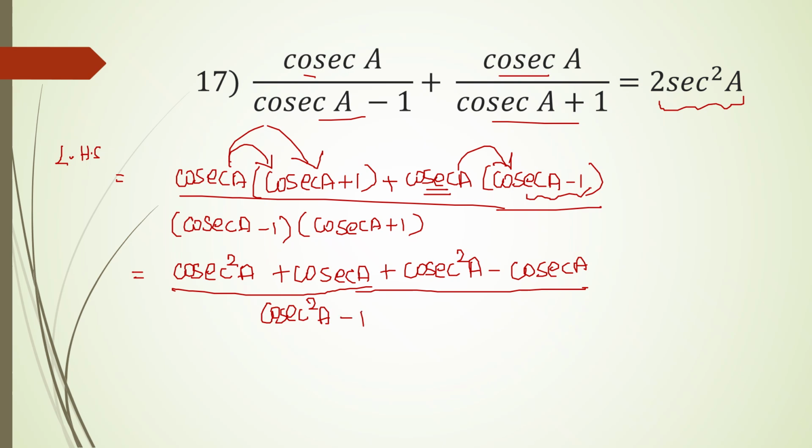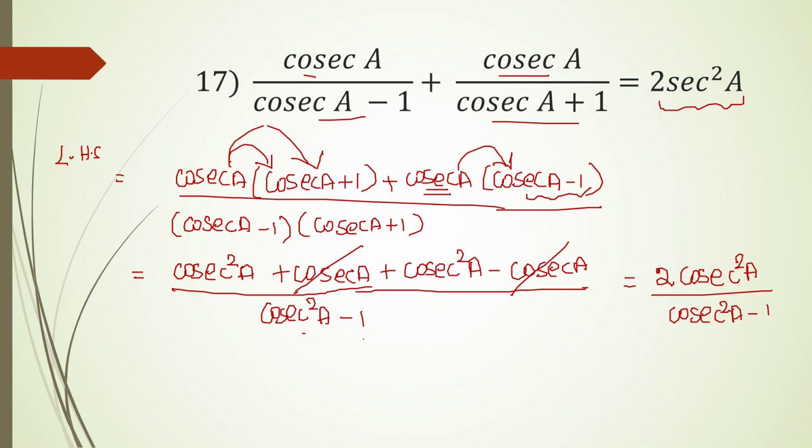We have used the identity A plus B into A minus B equals A square minus B square. In the numerator, plus cosecant A and minus cosecant A get cancelled. The remaining is cosecant square A twice, so it is 2 cosecant square A.